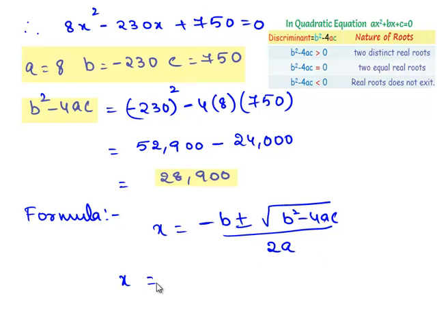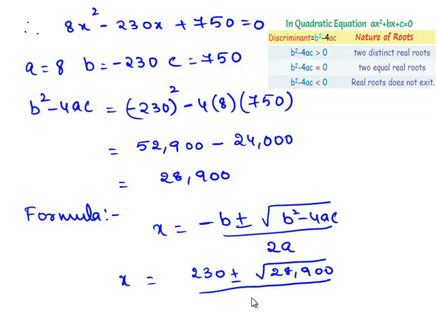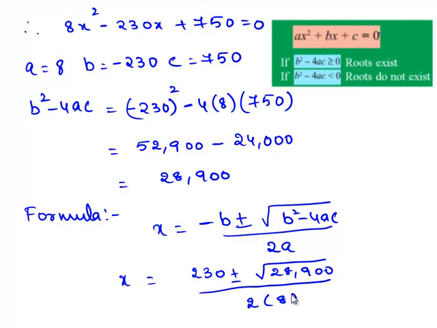On substituting, we have x is equal to minus b, which is minus of minus 230, so it gives 230, plus or minus square root of 28,900 whole divided by 2a, that is 2 multiplied by 8. So this gives x is equal to 230 plus or minus square root of 28,900, which is 170, whole divided by 2 multiplied by 8, which is 16.